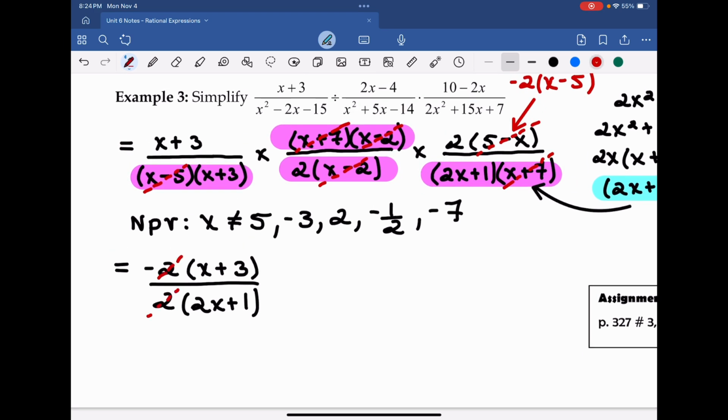We're going to cancel out the 2, cancel out the 2, and that's just going to leave us with that negative that can be transitive here. So this is going to be equal to negative x plus 3, and then divided by the 2x plus 1.